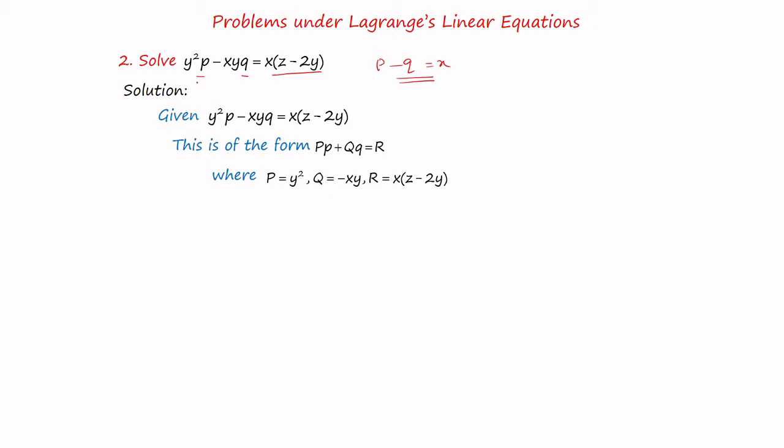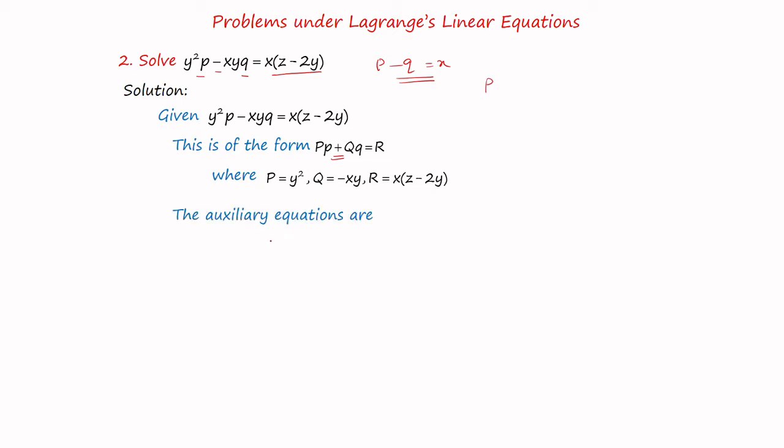P is the coefficient of p, that is P is y squared and Q is capital Q. Coefficient of small p is your capital P and coefficient of small q is your capital Q. Now here minus is there, so when you take the Q value, you have to take it along with the minus sign. So minus xy and R value is x into z minus 2y.